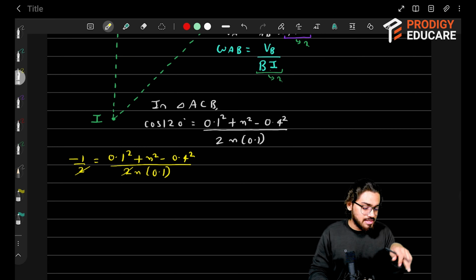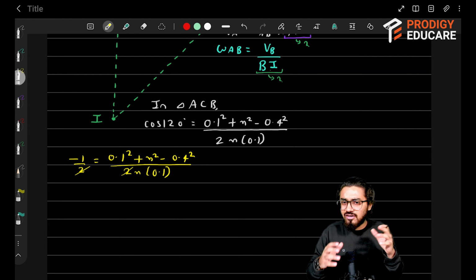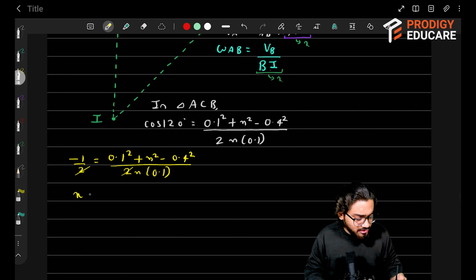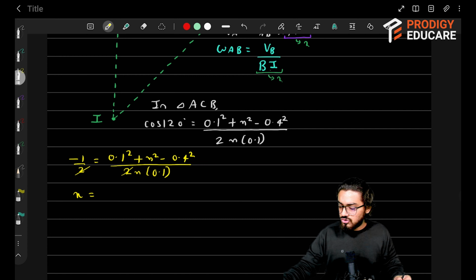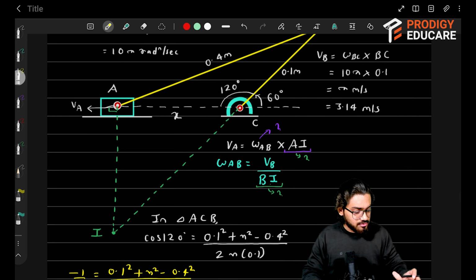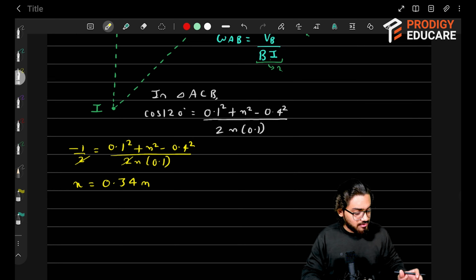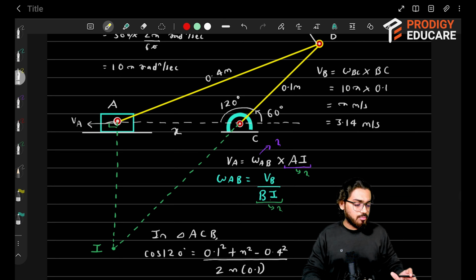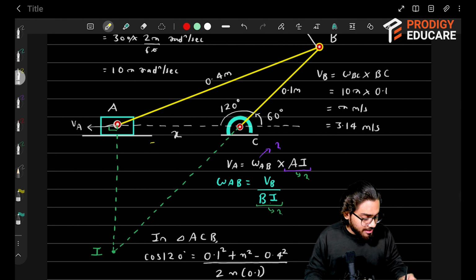When we simplify it, you get a quadratic equation, and evaluating the roots of a quadratic equation is pretty easy. I hope you will do it on your own. I'll just write the solution: the value of x that I'm getting is 0.34 meters. That means this particular length AC is going to be 0.34 meters. Now I'll just write here 0.34.